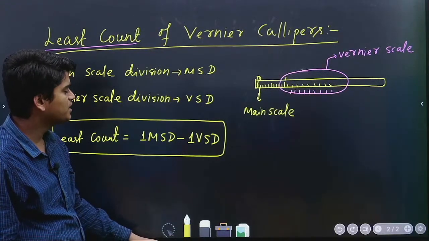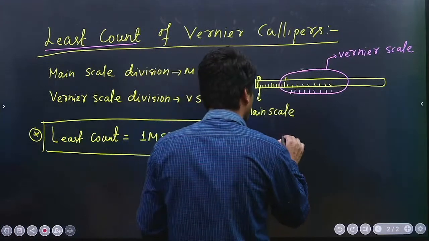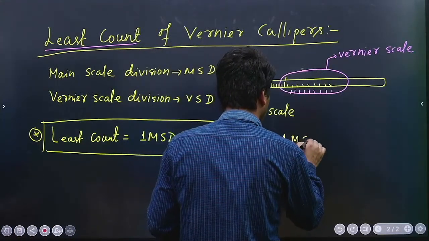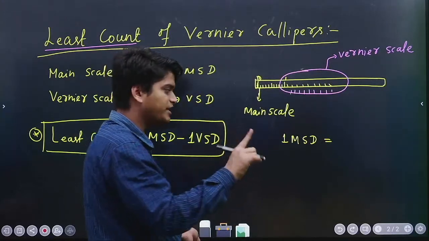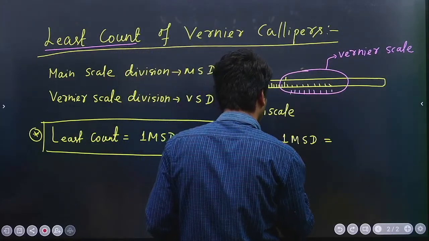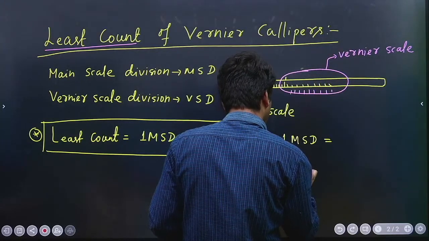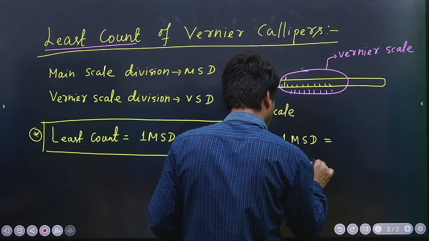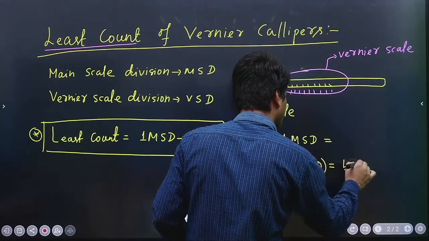But here they will give some relations actually. In the question they will mention how much 1 MSD is, either directly or indirectly. And they will also mention something like A MSD is equal to B times VSD.